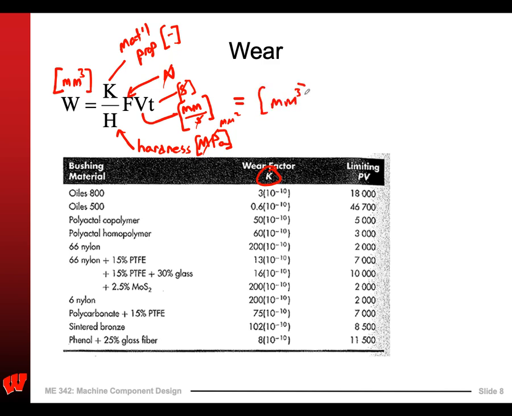Now one interesting thing I want to point out about this is, where's the area? The area doesn't show up here at all. Area doesn't matter, well, not really. This gives me the volume of material that's wearing away.